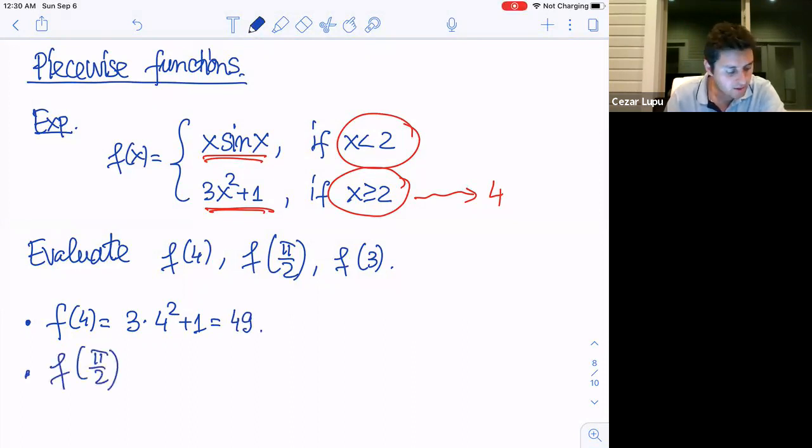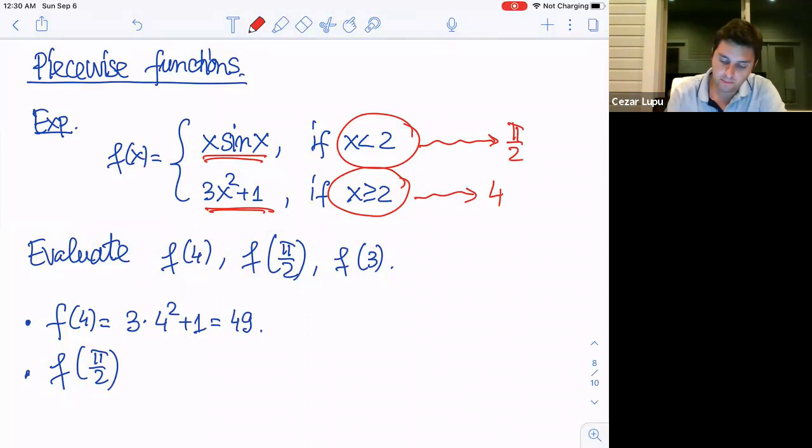All right, let's look at another one, f of pi over 2. Well, pi over 2 is 3.14, approximately, divided by 2, that will be 1.50 something, right? So in other words, pi over 2 will be here, in the first branch, on the interval negative infinity to 2.